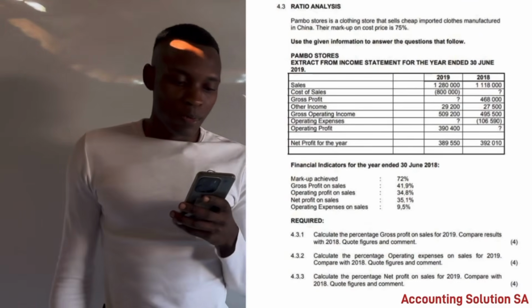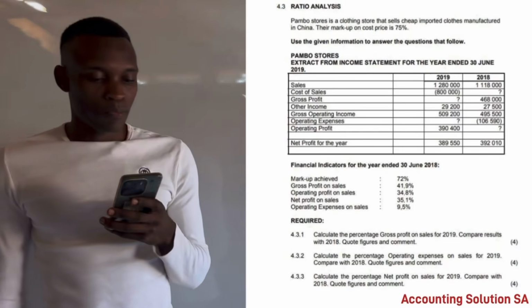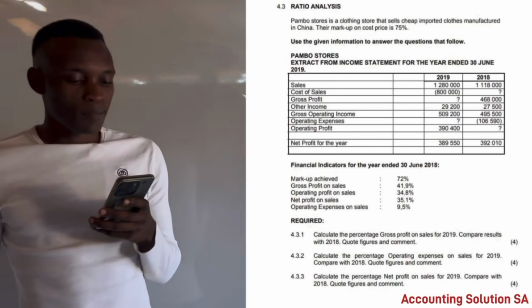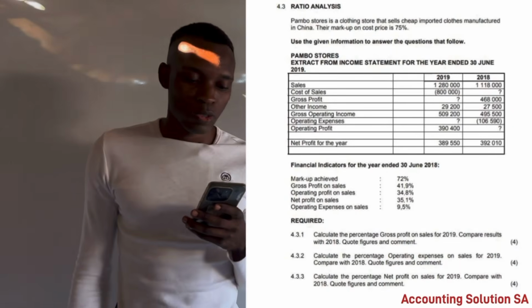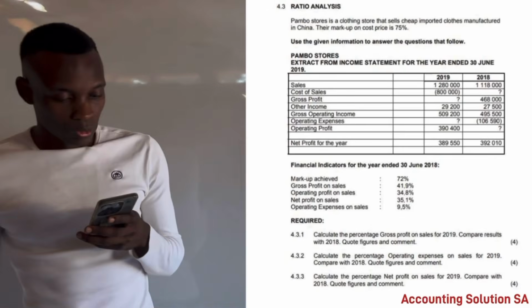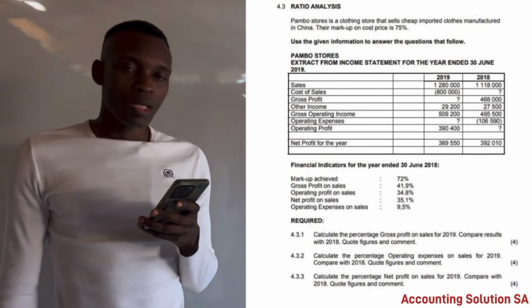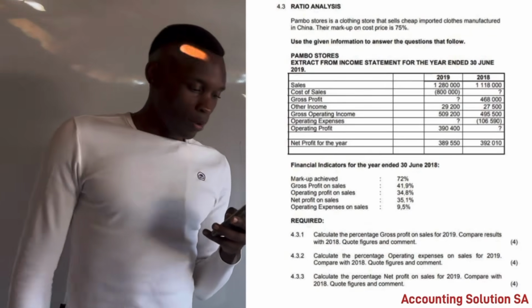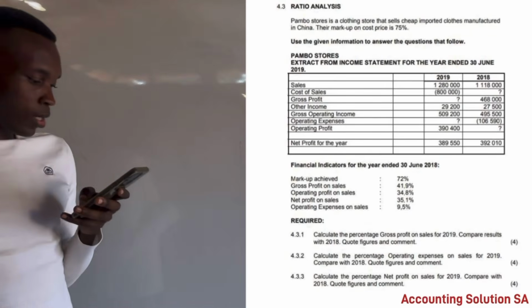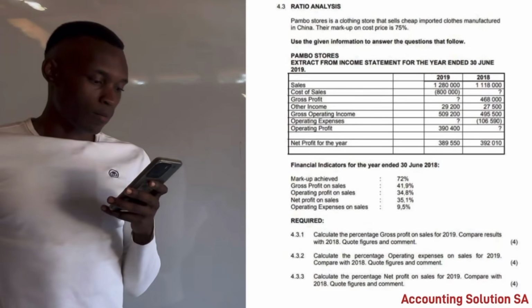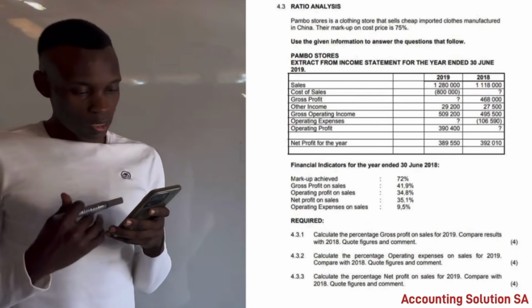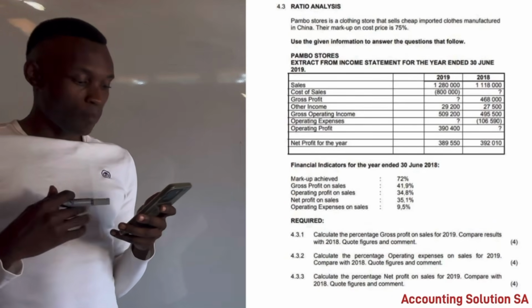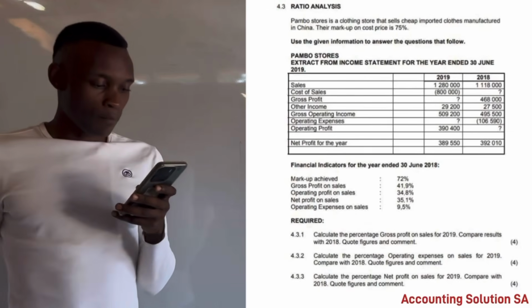Use the given information to answer the questions that follow. Payable Store, extract from income statement for the year ended 30 June 2019, sales up to net profit. They give us the columns of 2019 and 2018, but in this question they said calculate for 2019. They also give us results for 2018 so that we can compare, because we are required to comment.